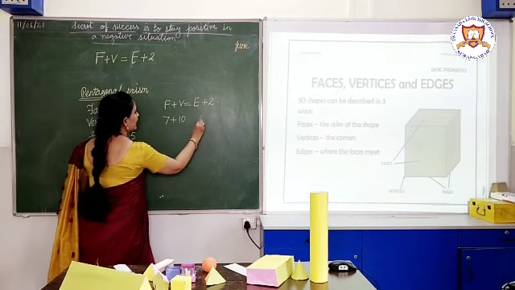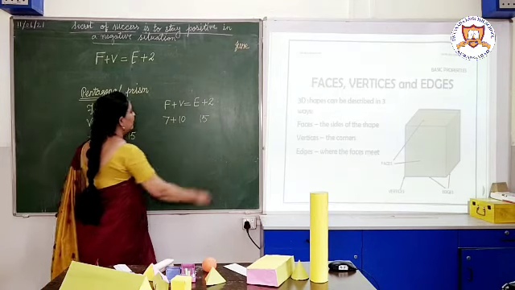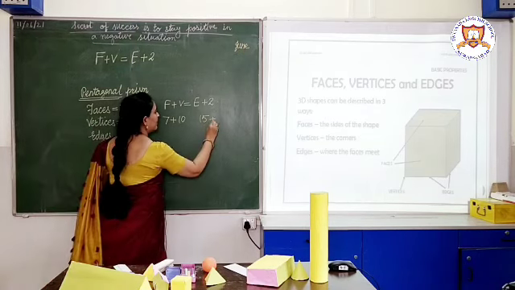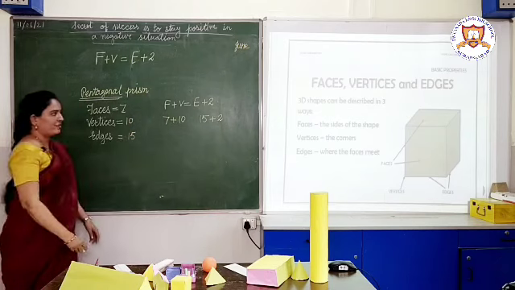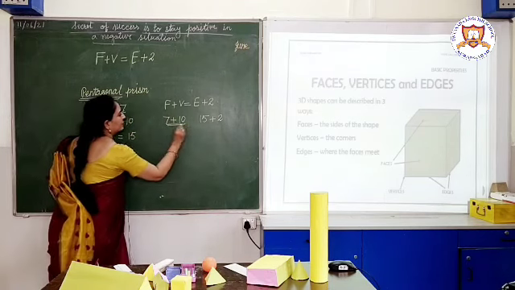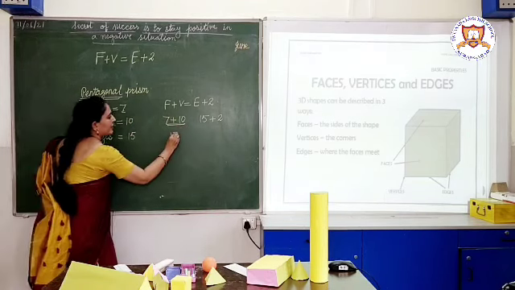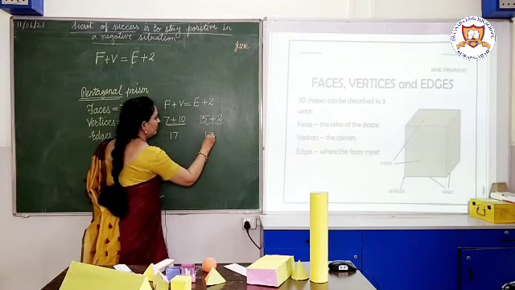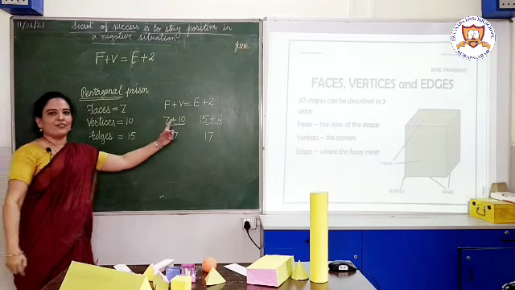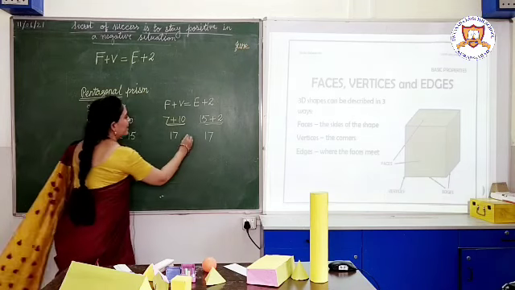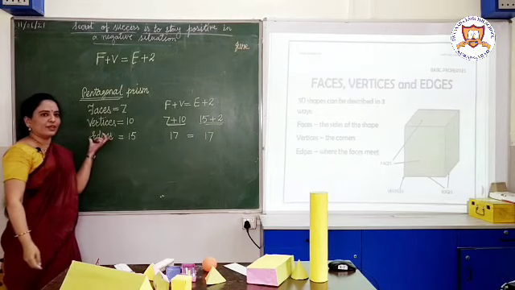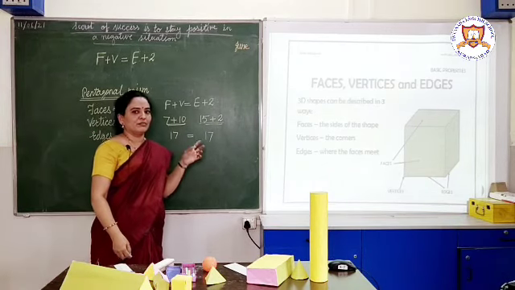I am not putting any sign here because we have to check. So 15 plus 2. Now check this sum. It is coming 17. This sum is also coming 17. 17 is equal to 17. So this formula is useful for the pentagonal prism.